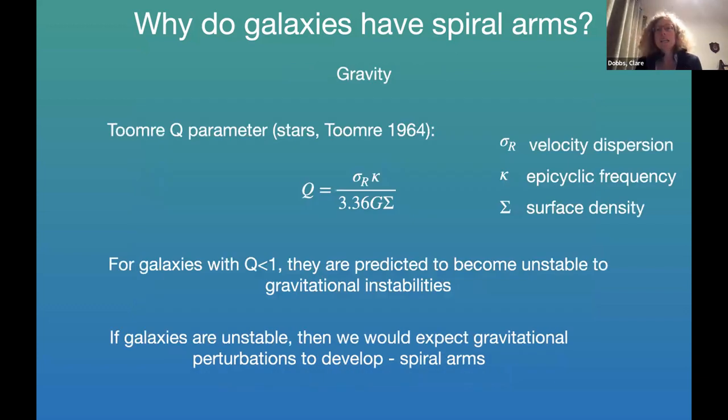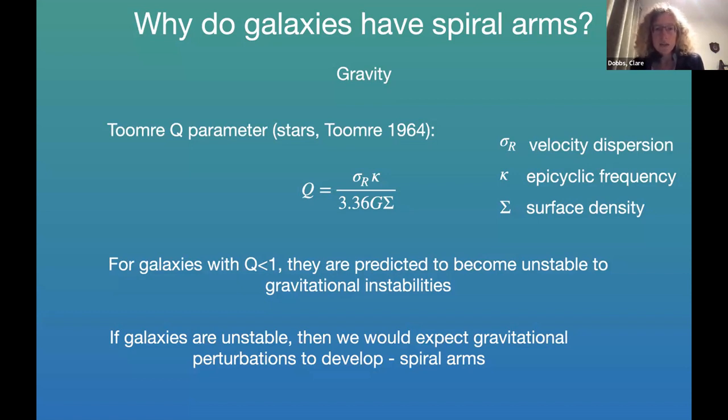The other thing that we need to get spiral arms in galaxies is some sort of perturbation. If you've got a completely smooth stellar disk, you won't get any spiral arms. But typically we think that galaxies are gravitationally unstable. This was parameterized by Toomre in 1964, who developed something called a Q parameter, which determines whether a galactic disk is stable or unstable.